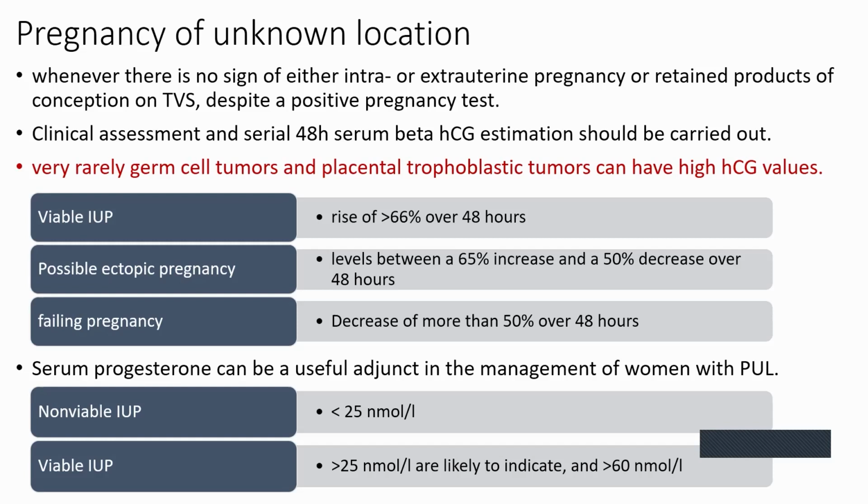If the progesterone level is more than 25 nanomoles per liter, there is a high chance that the patient is having an early IUP, which we can't see. But in the context of ectopic pregnancy, we should not be checking the progesterone levels. The test is beta HCG level.